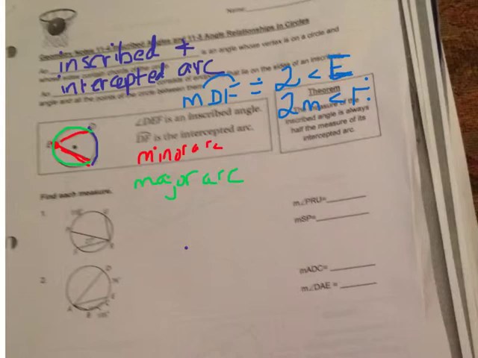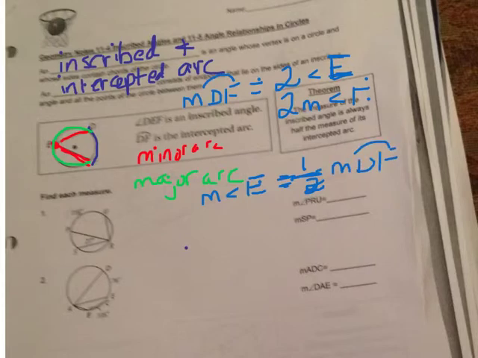Or I could say the measure of angle E, that inscribed angle, is half of the measure of arc DF. And again, you might see that written angle E equals 1/2 arc DF.